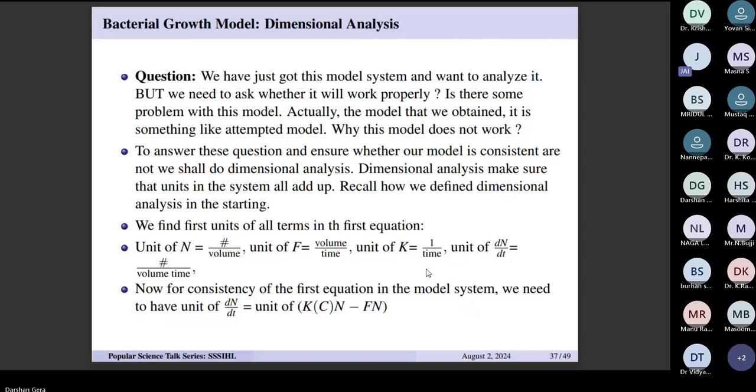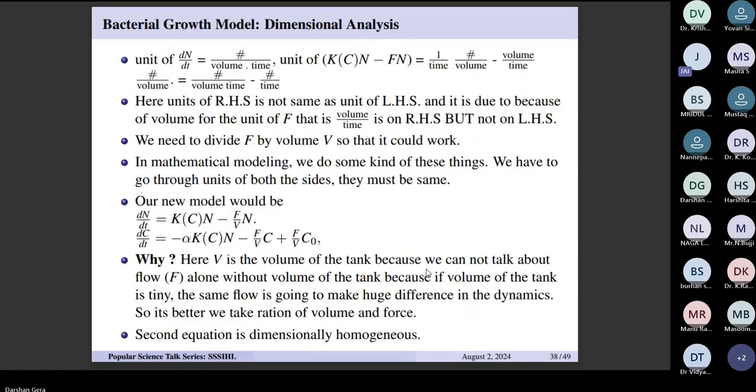For the consistency of the first equation, the unit of the left-hand side, dN/dt, must equal the unit of the right-hand side, Kcn minus Fn. These two units should be the same. The left-hand side is number of bacteria upon volume into time. The right-hand side is 1 upon time into number upon volume, minus volume upon time into number upon volume.